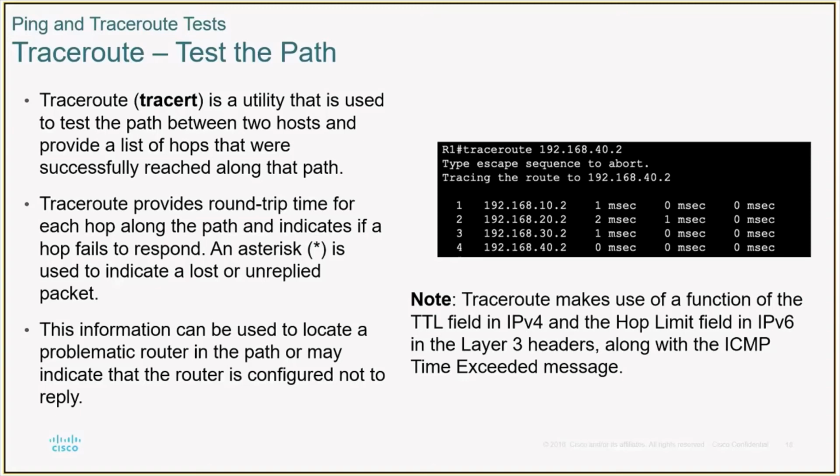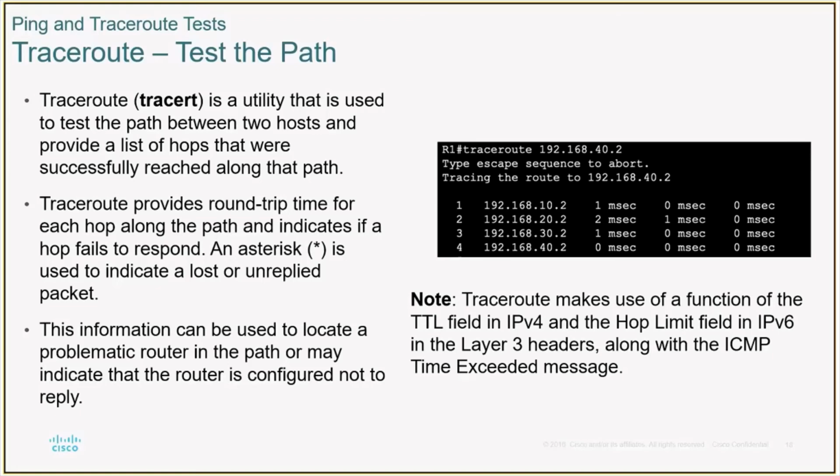The information can be used to locate a problematic router in the path or indicate the router is configured not to reply. Traceroute makes use of a function of the TTL field in IPv4 or the hop limit field in IPv6, along with ICMP time exceeded messages. Basically, it would set the TTL field to 1, and then your gateway will reject the message and send you a time exceeded message back.